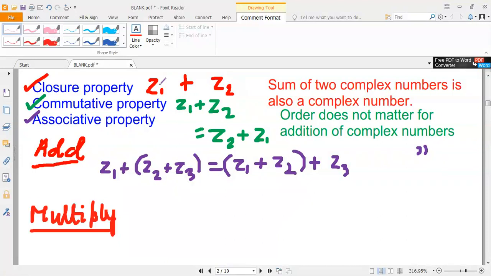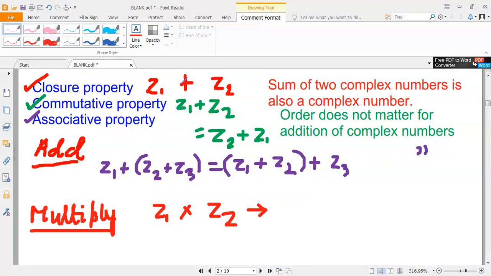The closure property under multiplication says that when you have one complex number and another complex number, so if you have z1 and z2, these are the two complex numbers that we are considering. If you multiply them, whichever way you are comfortable writing it, then that itself is also a complex number, right?